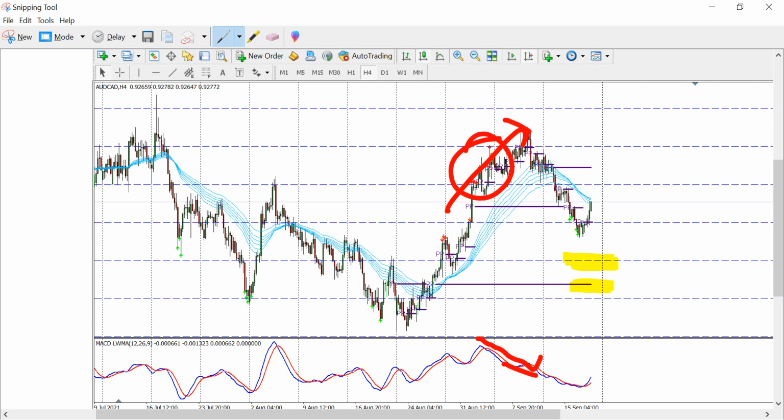So there's a disagreement between the oscillator, in this case the MACD, and price. That is an early warning sign or a good signal that price wants to reverse. And this would have been a perfect example of this mispivot over here, which had got hit.